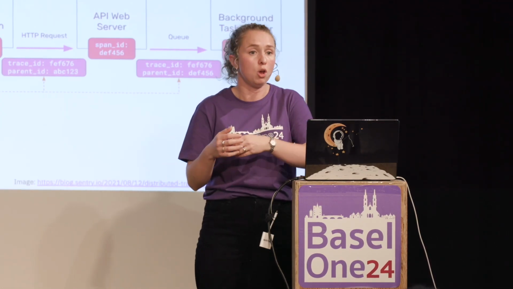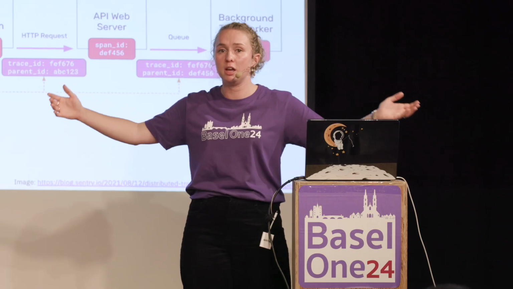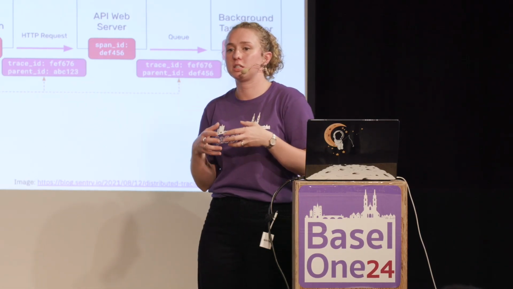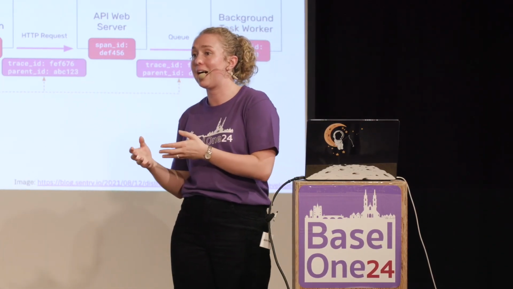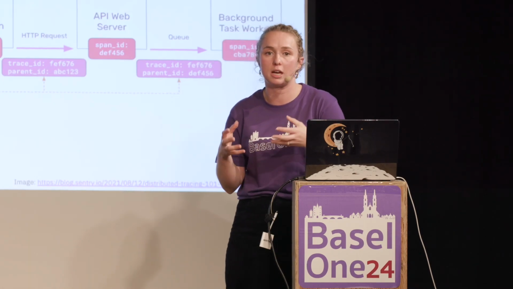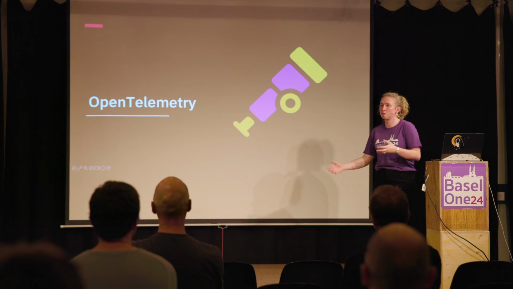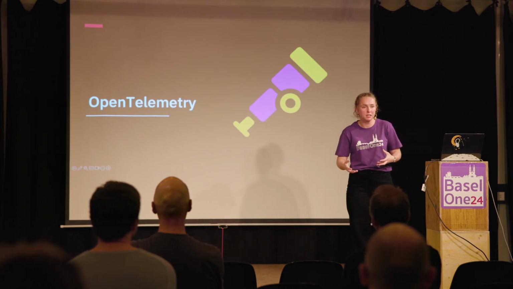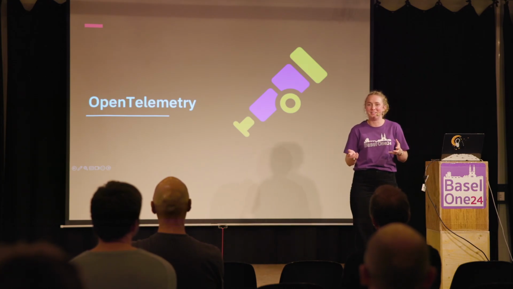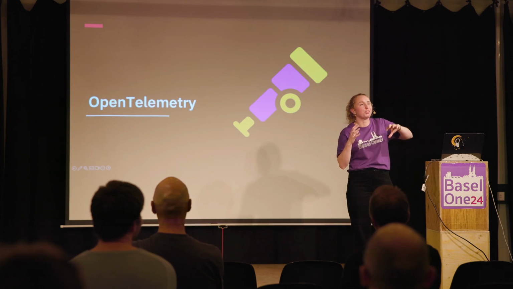Why did it go wrong? What happened before it? What happened after it? And what can I do about it? So it's that really important information that we tend to lack when just looking at logs and metrics. So that's tracing, that's observability, that's how we enable it. Easy peasy, right? So that's kind of the theory.